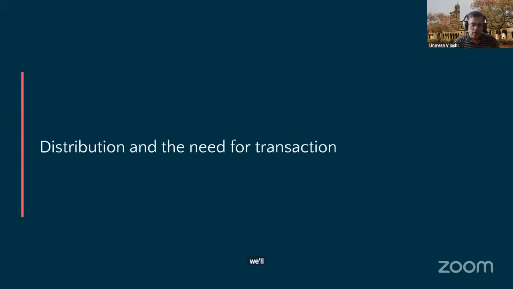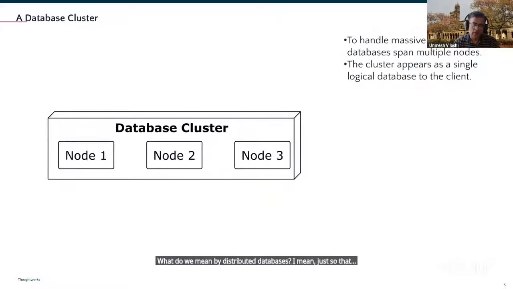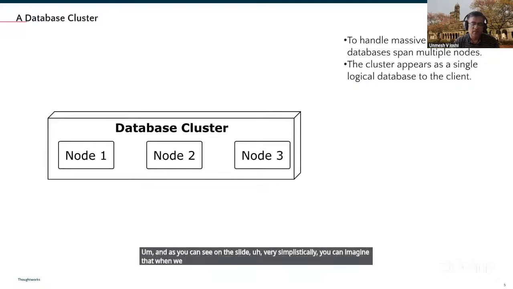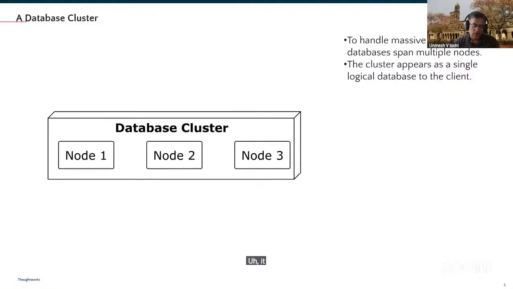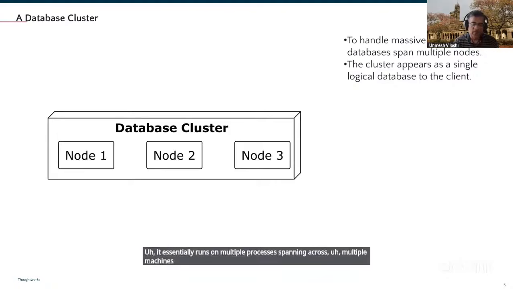we'll just go through some of the basics. What do we mean by distributed databases? Just so that we are on the same page. As you can see on the slide, very simplistically, when we say something is distributed, it essentially runs on multiple processes spanning multiple machines, right? That's the basic idea.